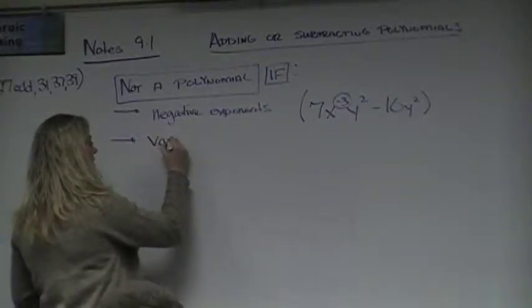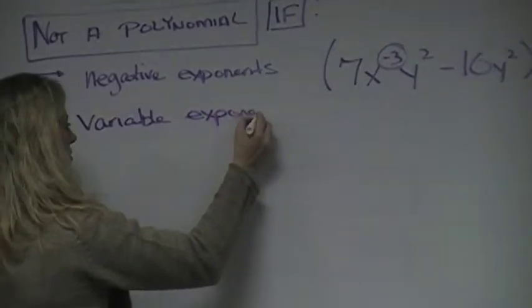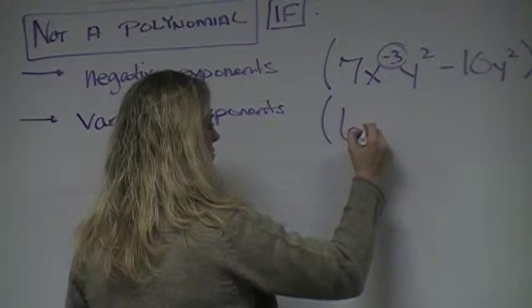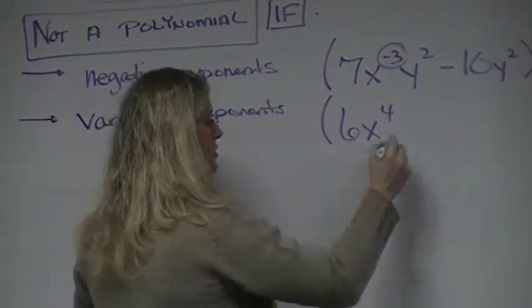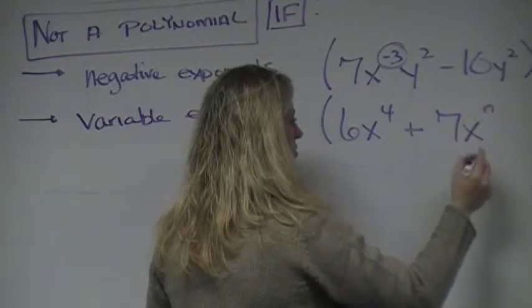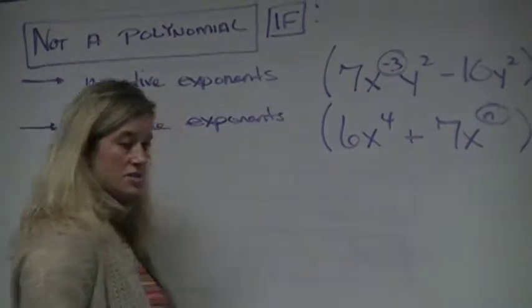The other one that doesn't make it a polynomial is variable exponents. You cannot have variable exponents to have a polynomial. So for instance, 6x to the 4th, that part's fine, but how about 7x to the nth power? What's wrong with that? Can't have it to the nth power.